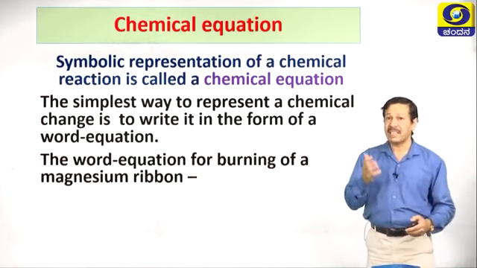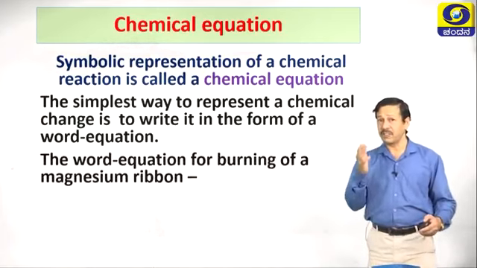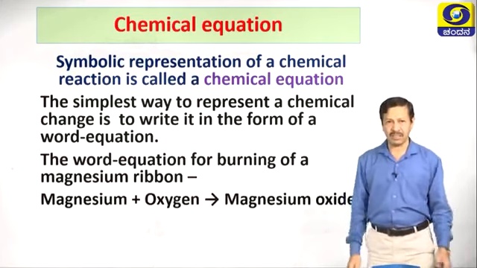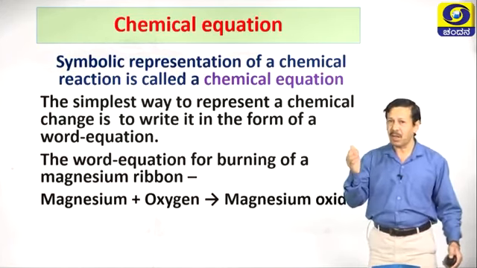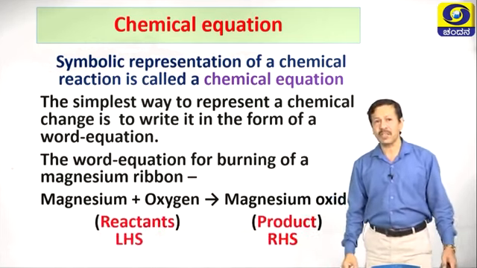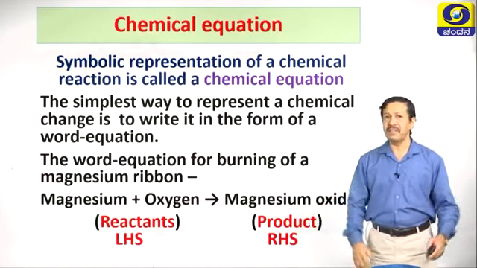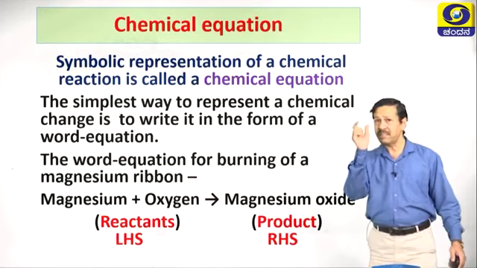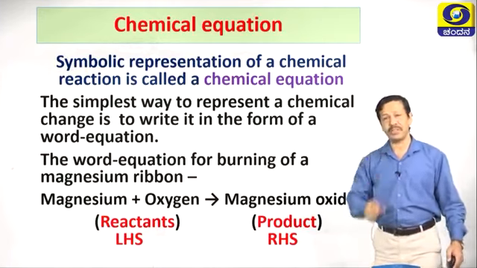Let us have an example, for burning of magnesium ribbon, that can be written like this: magnesium plus oxygen, arrow mark, that is gives rise to magnesium oxide. On the left hand side we write reactants and on the right side the products. Remember children, these terms are also very important.